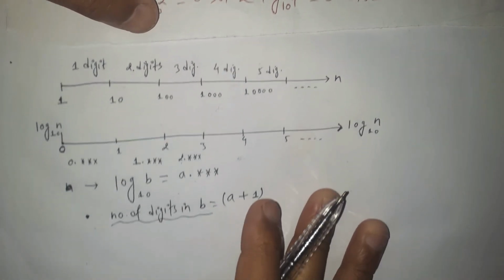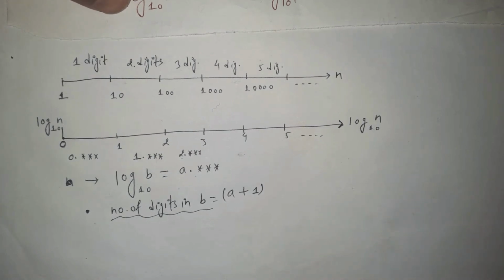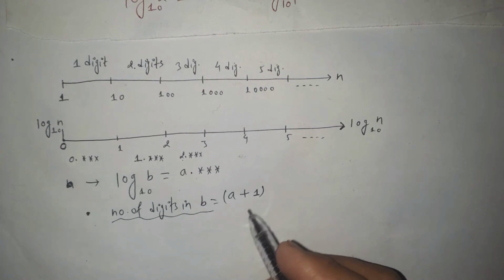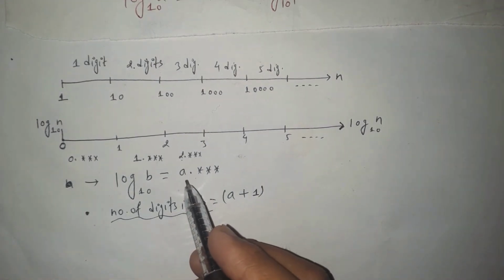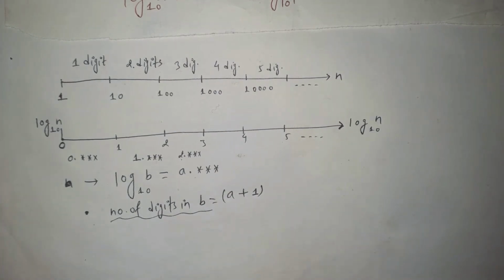This is the formula to calculate the number of digits in a number b. So remember the formula.